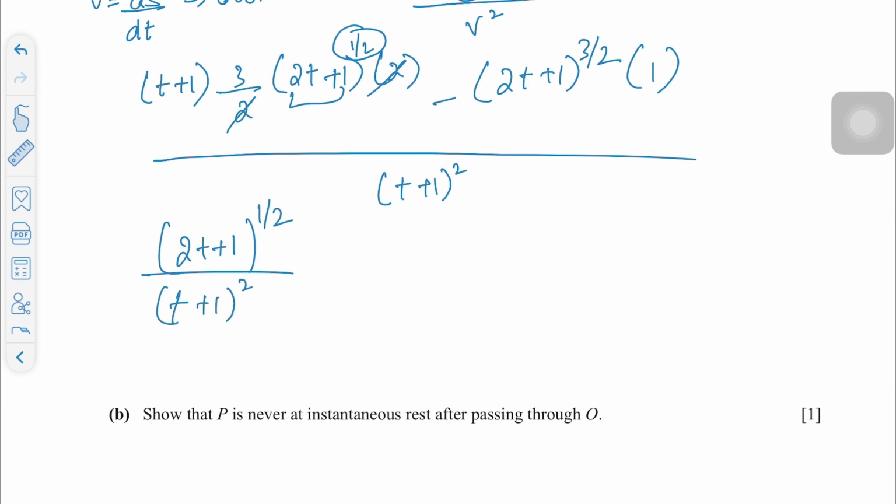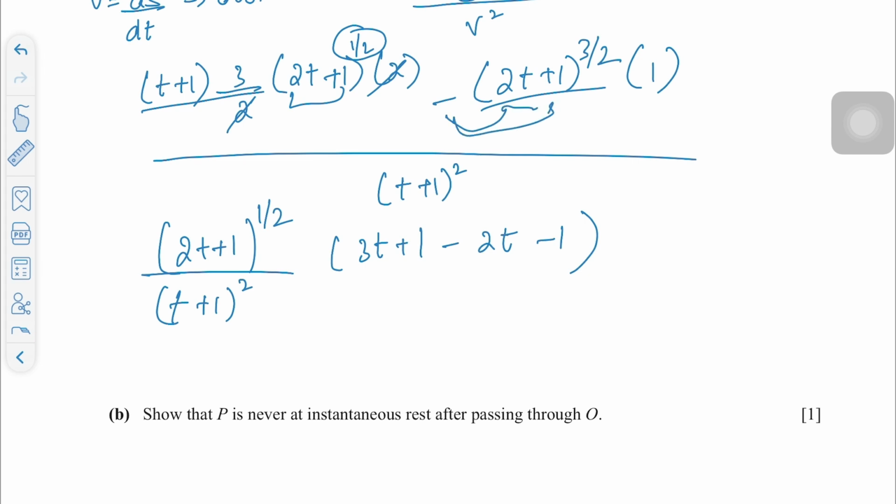We are left with this 3t plus 1 and 2t plus 1 power 1, right? So this would be 3t plus 1 and negative 2t negative 1, since it's negative, right?